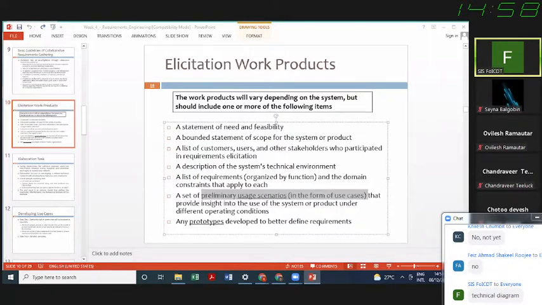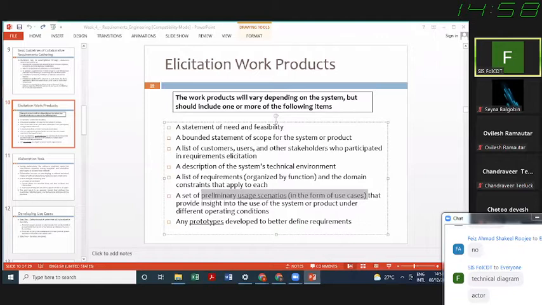But in this diagram, we have what we call the actors. Okay, the actors would be the persons participating. And then we have perhaps the processes, meaning the functions that they are performing.